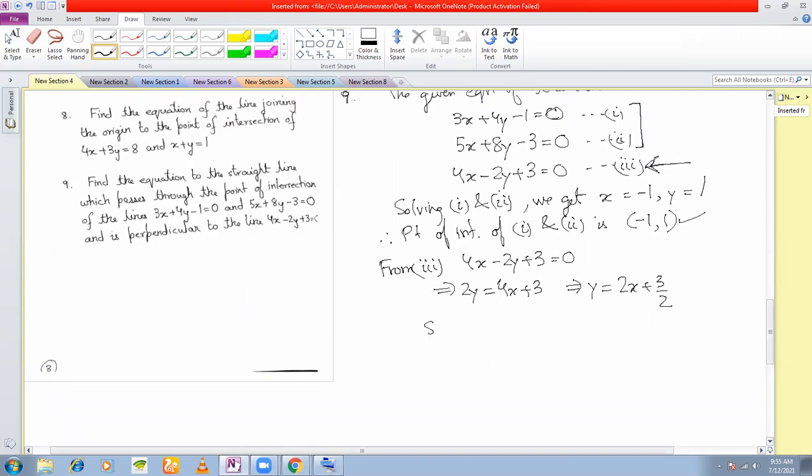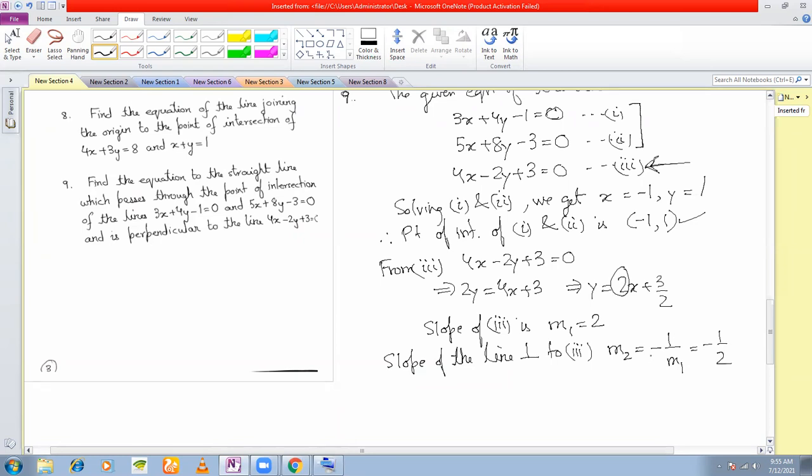So what is the slope here? The slope of 3 is m1 = 2. So what is the slope of the line perpendicular to 3? Say m2, the negative reciprocal of m1, which is equal to -1/2. So this is the slope of the line which is perpendicular to 3.